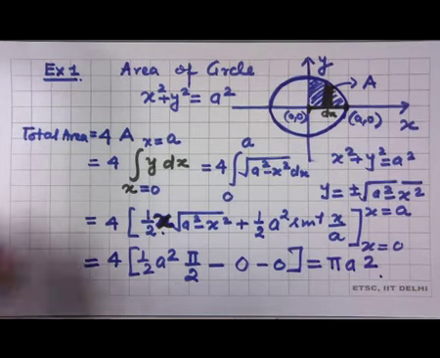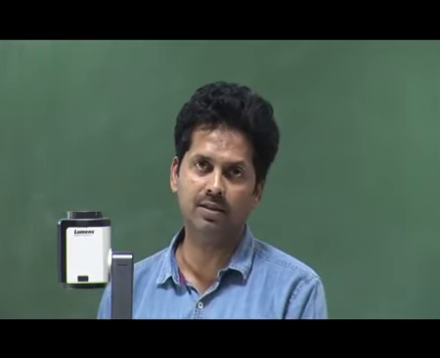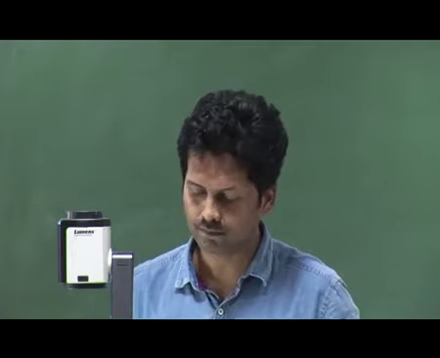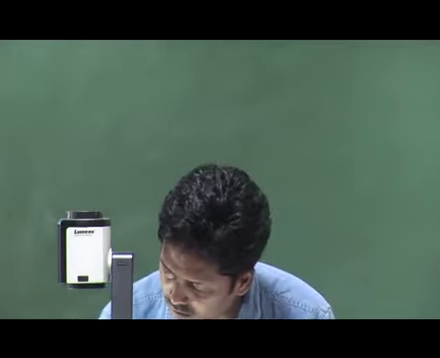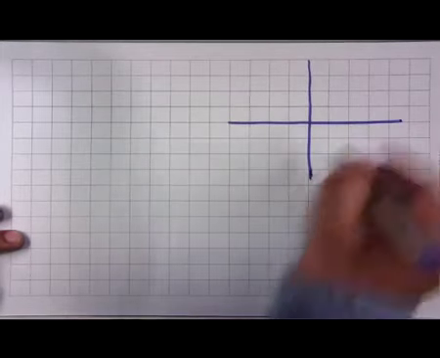Now we have done this calculation by taking a vertical strip. The same thing can be done by taking a horizontal strip also. So let us see how to do that for the circle. Let us draw the circle again.